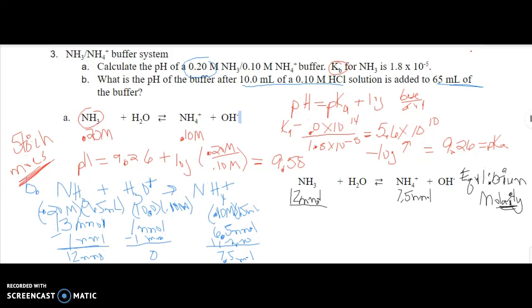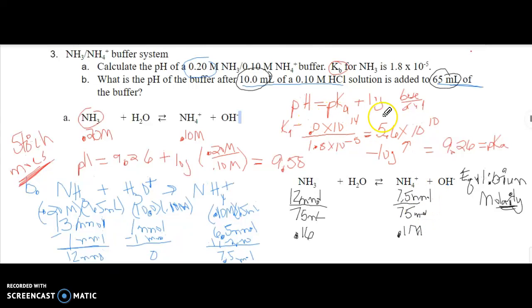So if I go back into the equilibrium of my equation, I have remaining 12 millimoles of NH3. Now my new volume is going to be 10 milliliters plus the 65 of the original. So I'm going to have divided by 75 milliliters for a concentration of 0.16. And over here, I'm going to have 7.5 divided by 75 for a concentration of 0.1 molar.